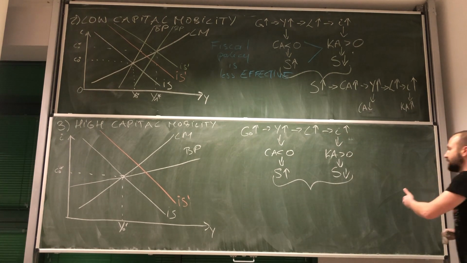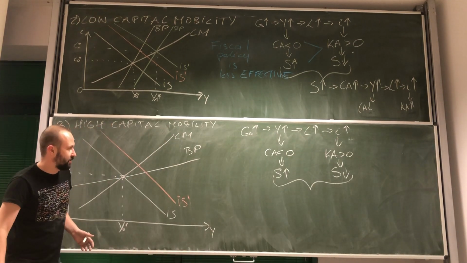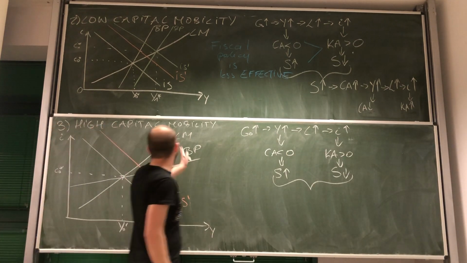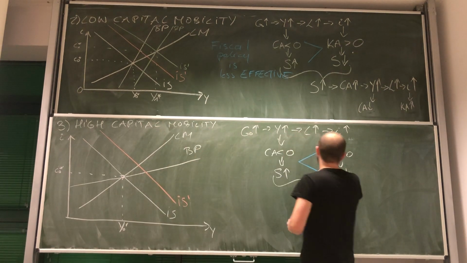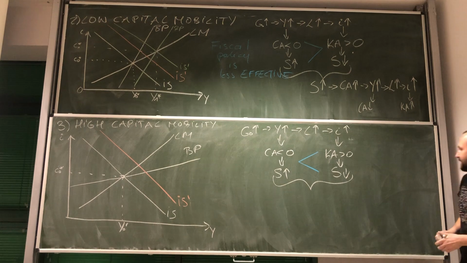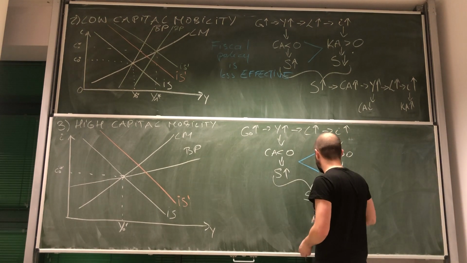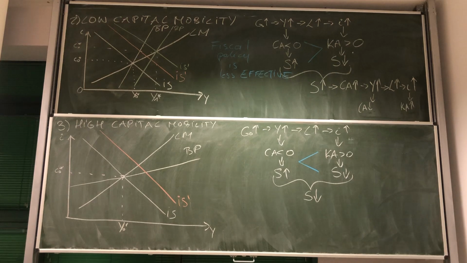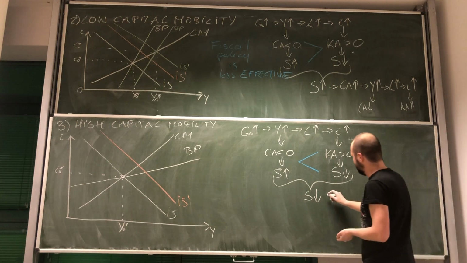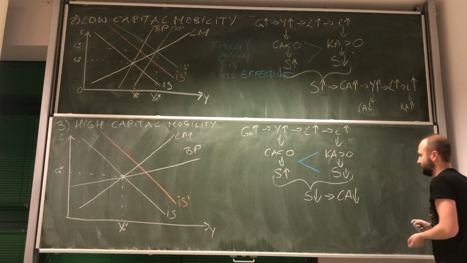Well, of course, pressure on appreciation, because we have high capital mobility. So capital account effect dominates current account effect, and we get that our currency appreciates. When our currency appreciates, current account worsens.